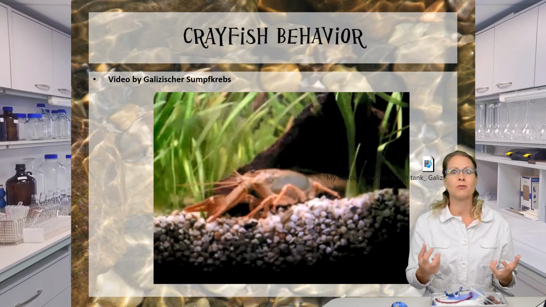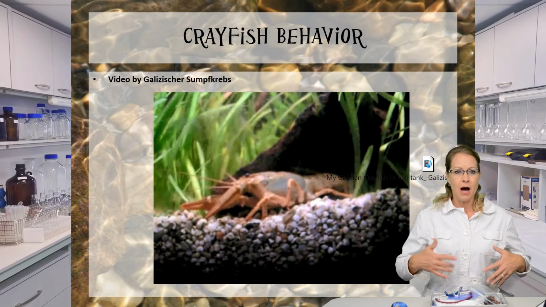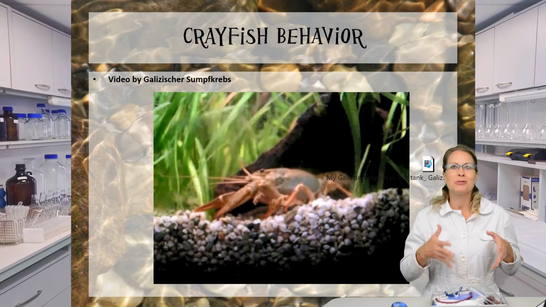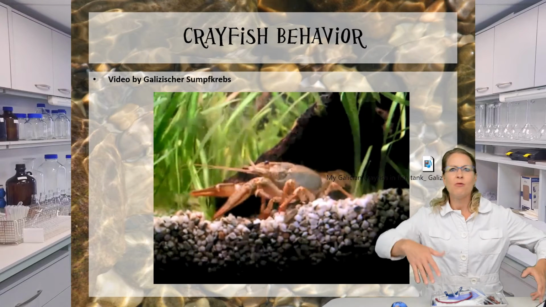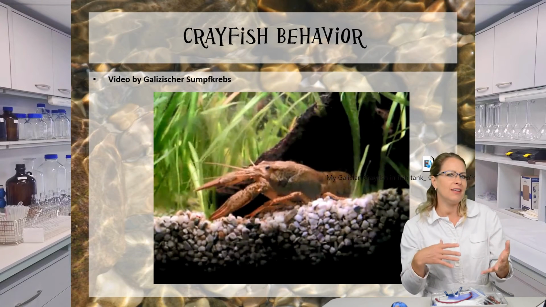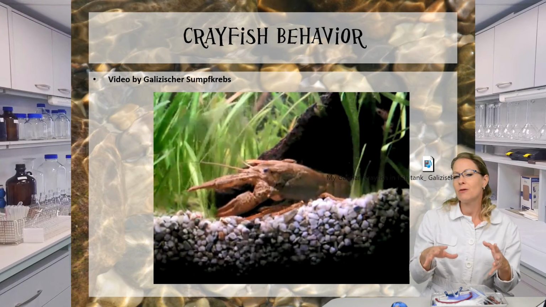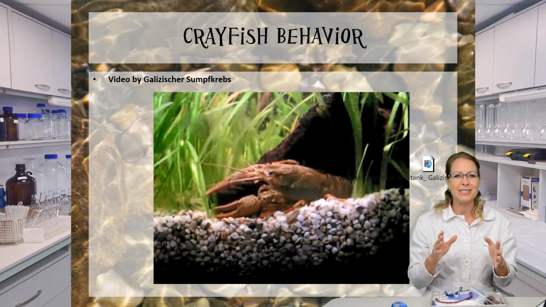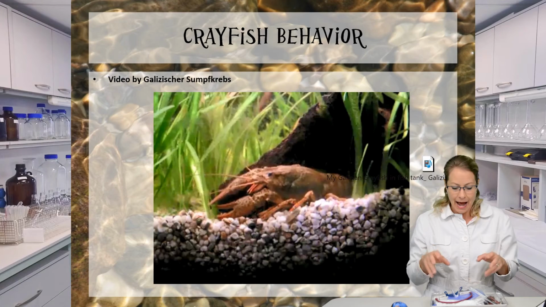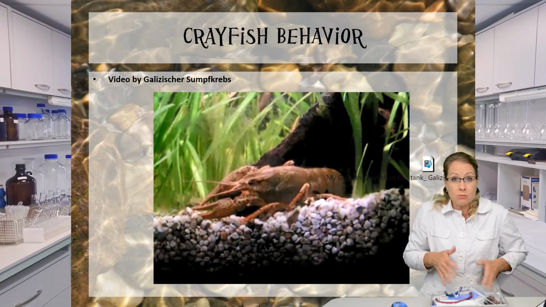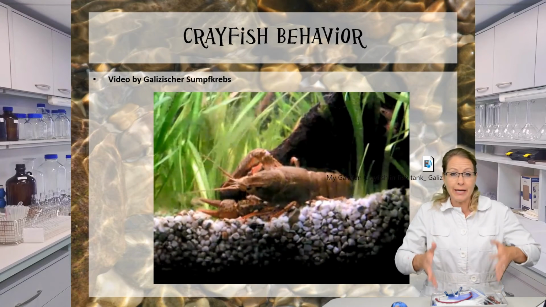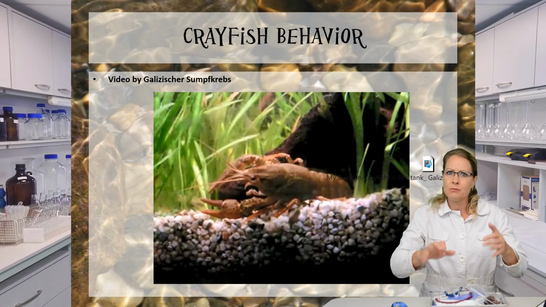So take a look at what he crawls out on. What kind of body parts does it have to be able to crawl out of that hole? And what does he move around to be able to feel and to move things around him? So as you can see in this video, he has some walking legs, some smaller ones along the underside of his body, and he's using those walking legs to move around.